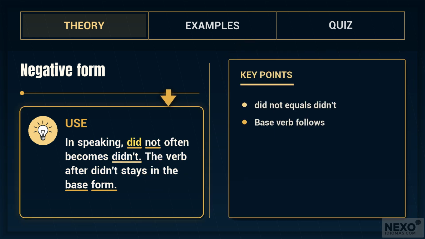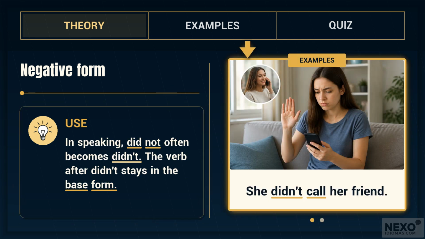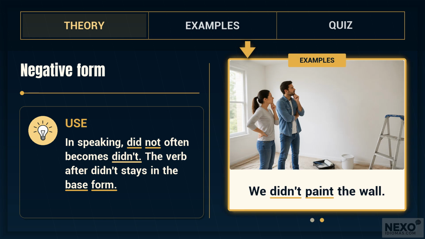In speaking, did not often becomes didn't. The verb after didn't stays in the base form. Example, she didn't call her friend. Example, we didn't paint the wall.